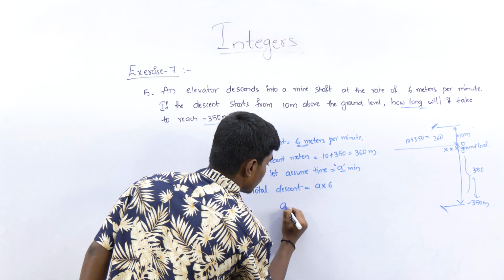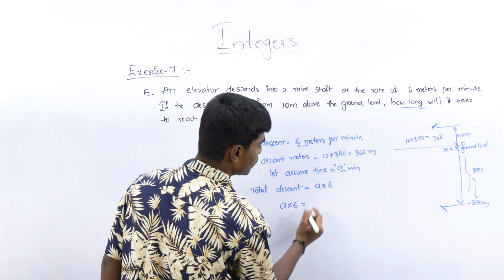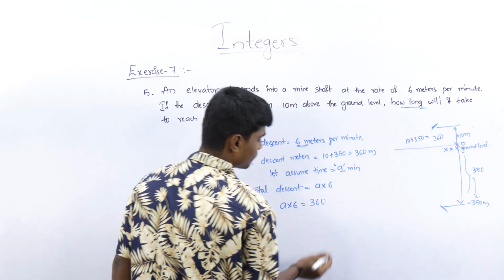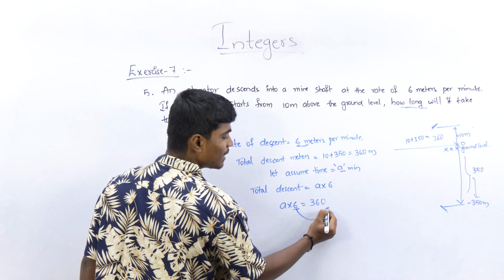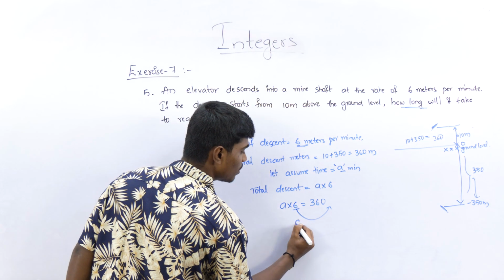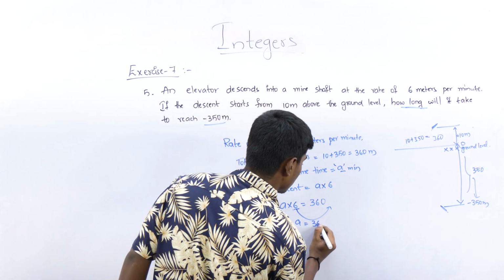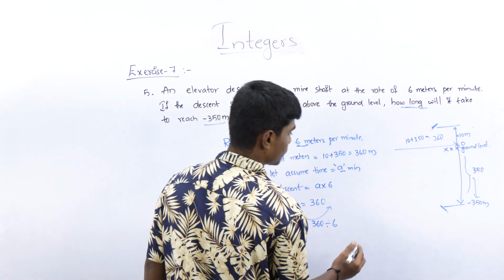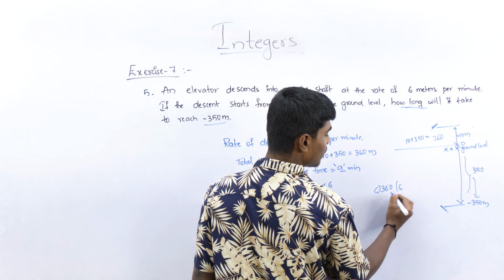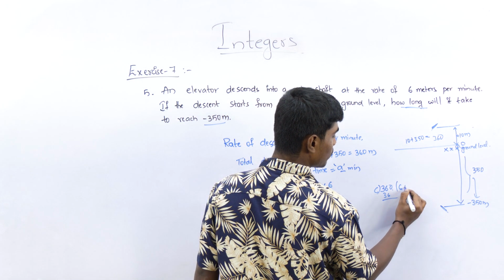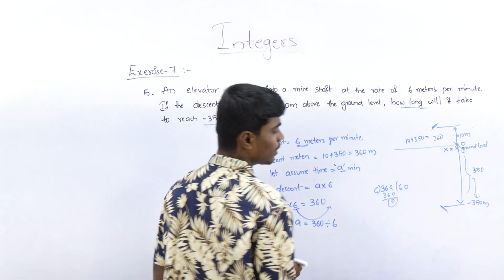So A into 6 is equals to 360. Here 6 is multiplying this side. If we move 6 to this side, it will divide. So A is equals to 360 divided by 6. 6 sixes are 36, 0, 0. Here also 0.